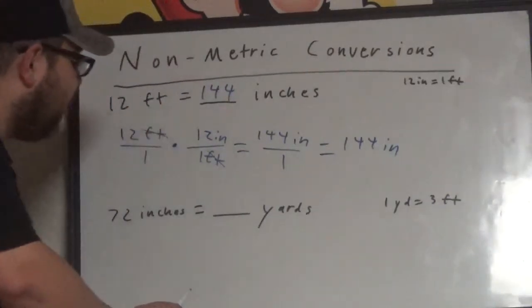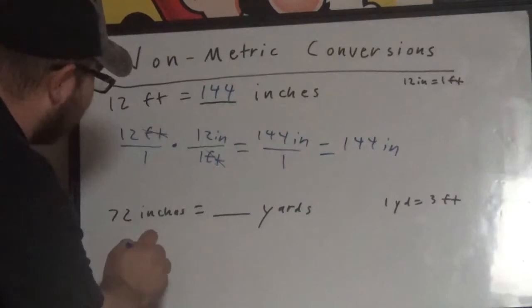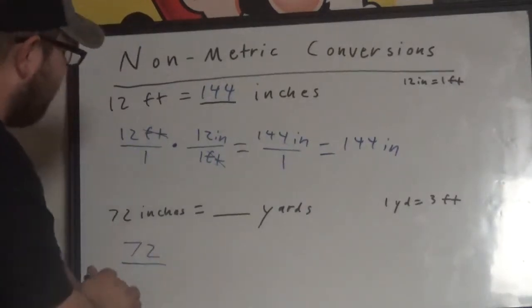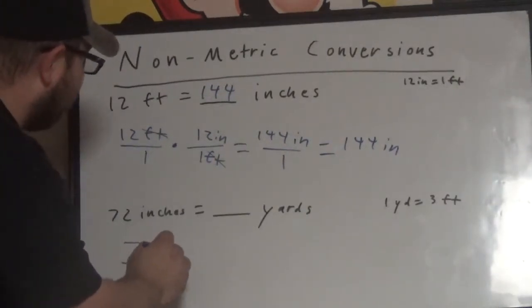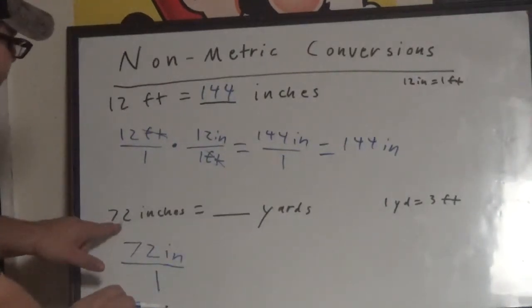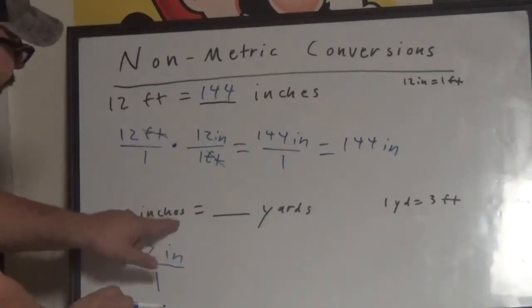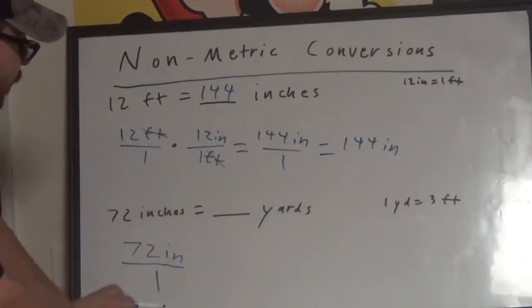Just give it to me in yards. Let's find out how to figure that out. I'm going to again start with 72 inches over 1, our starting value with the unit over 1.